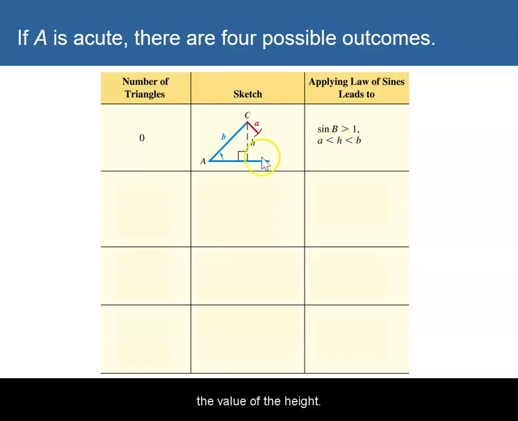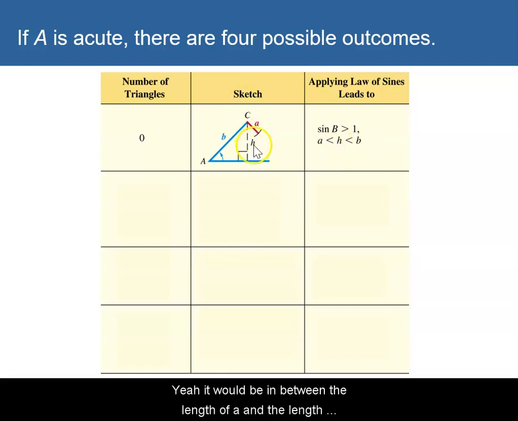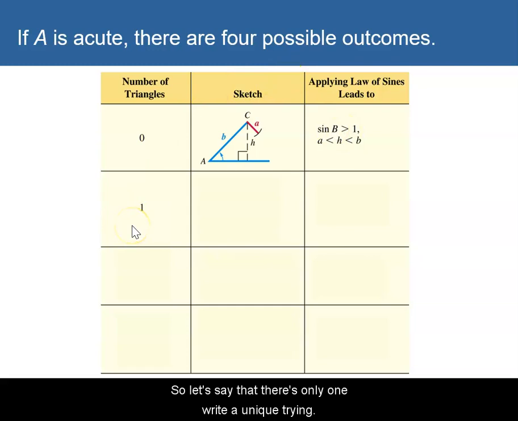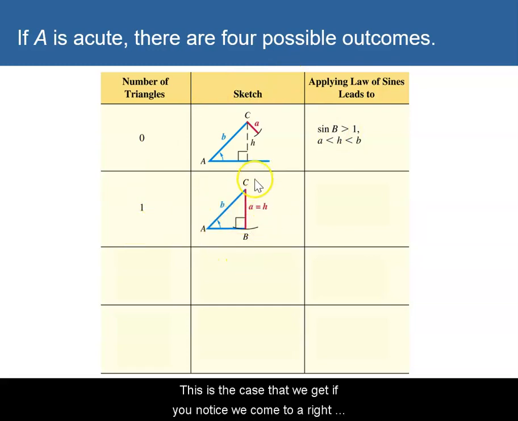And the value of the height here would be in between the length of A and the length of B, the two legs that possibly would have been able to occur. So this is not a triangle, so there are no triangles if this is the case. This is what happens when we try to apply the law of sines. Okay, so let's say that there's only one, a unique triangle. This is the case that we get.